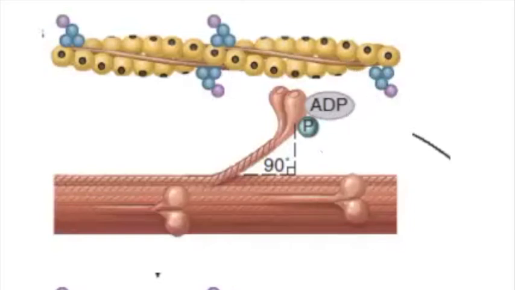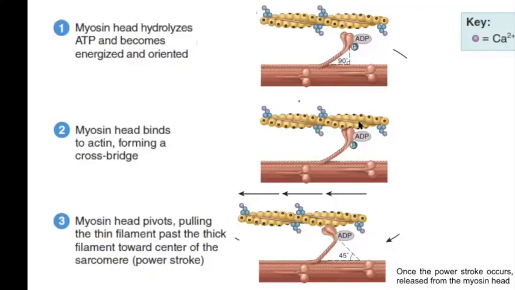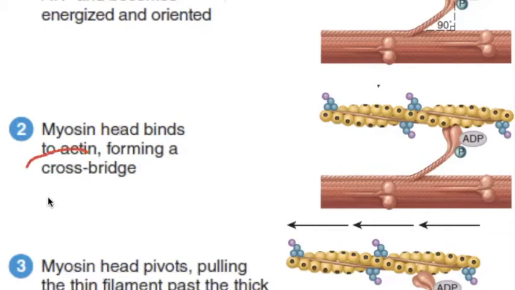Then, for reasons to be explained later, the myosin head is going to bind strongly to actin and form the cross bridge. The cross bridge formation right over here. This will come up a lot, and later we'll see how exactly this happens. Right now we're just concentrating on the ATP and not the calcium part of it.